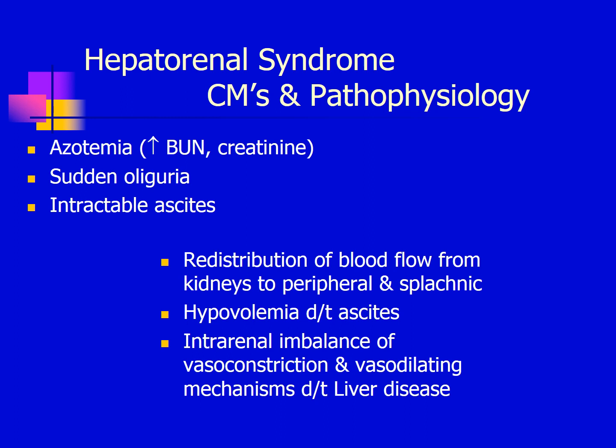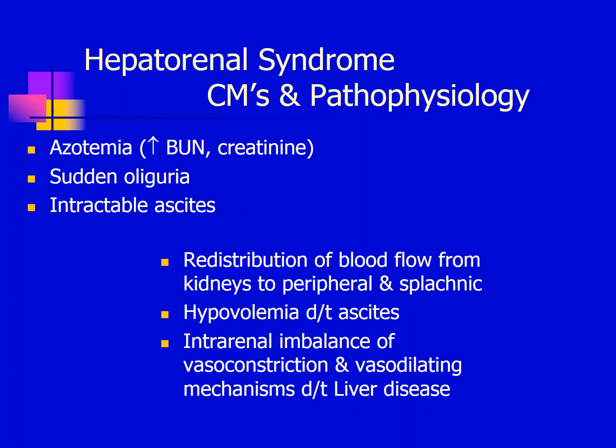So the hepatorenal syndrome. So you have azotemia, which is a buildup of nitrogen-containing substances such as BUN and creatinine. So that builds up, and you see that in hepatorenal syndrome. You also see sudden oliguria, right?